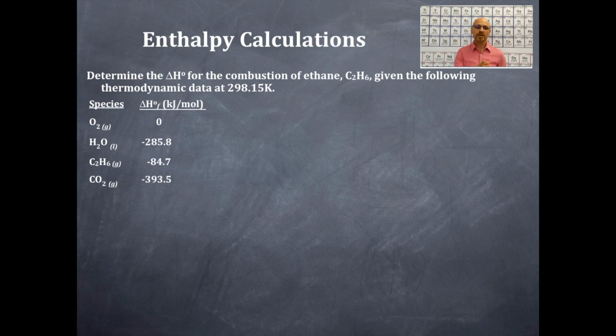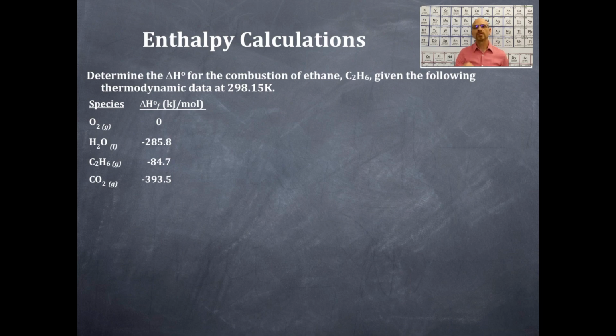Okay, so for oxygen, O2, that's a gas, that has a delta H naught of formation of 0 kilojoules per mole. For water, H2O, that's a liquid, has a delta H naught of formation of negative 285.8 kilojoules per mole. Now, a note: there is also in that same thermodynamic table water that is a gas.